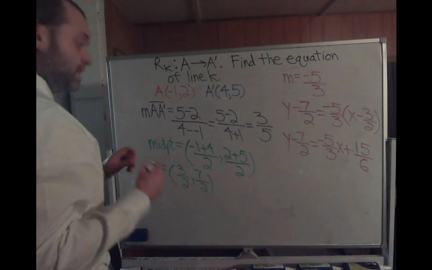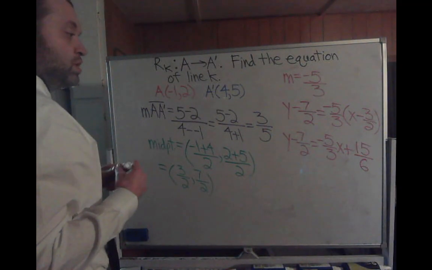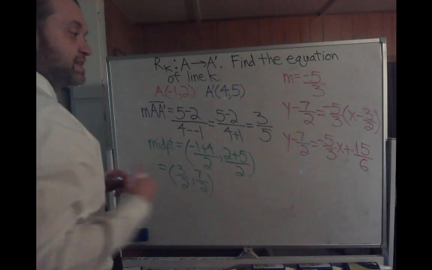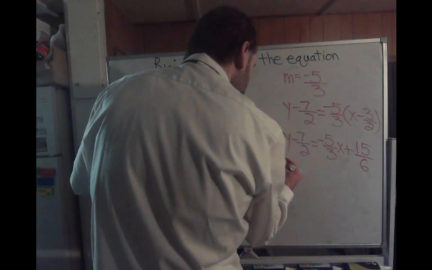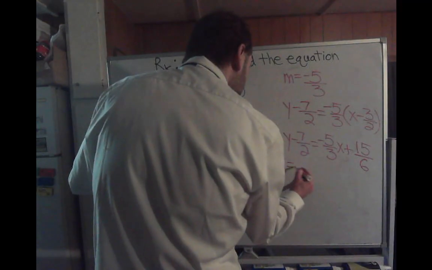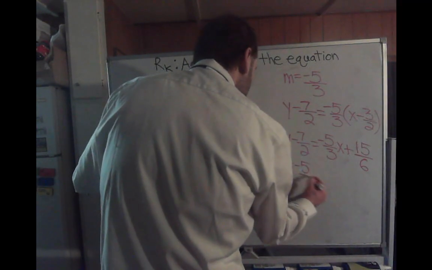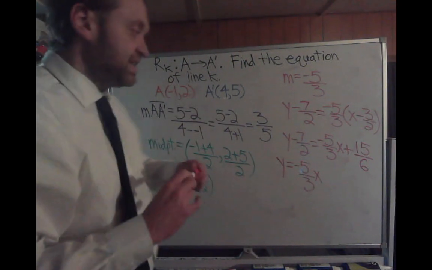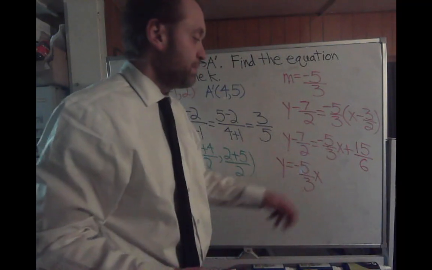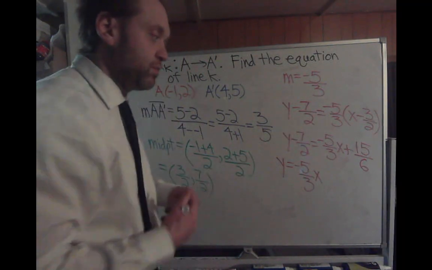Right? So now we need to add 7/2 to this side. So you would get y equals -5/3 x. All right, so if 15/6 plus 7/2, wouldn't that be the same as 21/6?